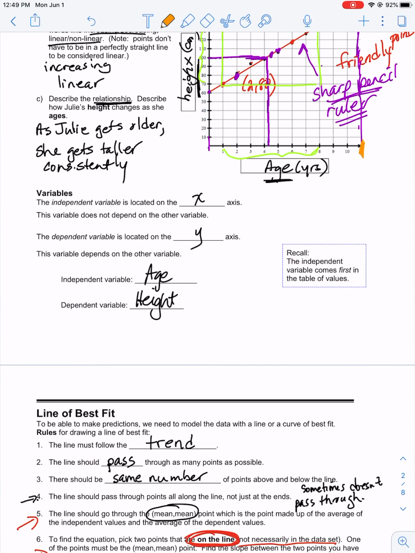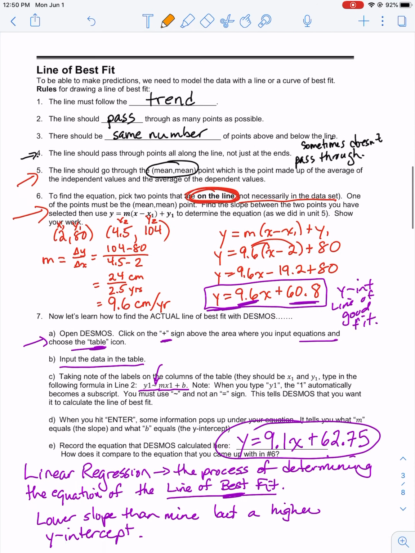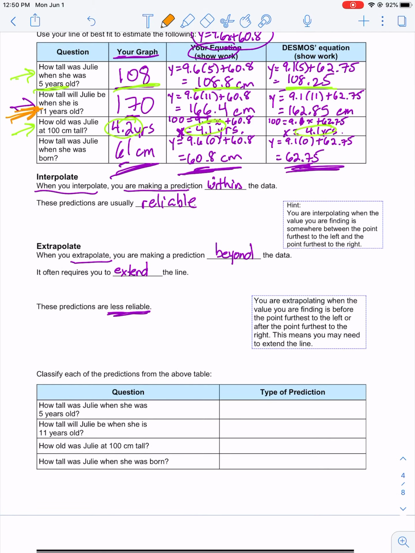It's outside the box, so we get this prediction that's way outside the box. Or the question about how tall was she when she was born? That is outside that box. So that is called extrapolation. We have to extend the line outside of our data. It doesn't mean outside the graph, it's outside of the data. That box has all of the data inside it, and outside that box is called extrapolation.